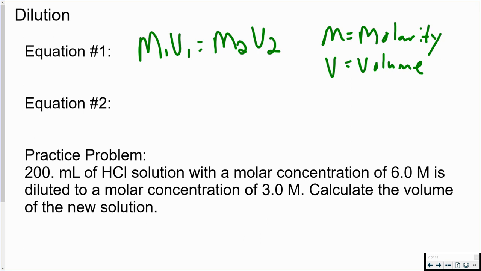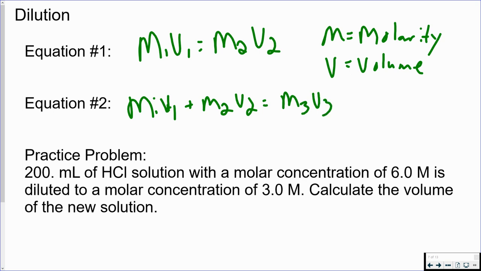You also have a second equation where if you take M1 V1 plus M2 V2, that's going to give us M3 V3.